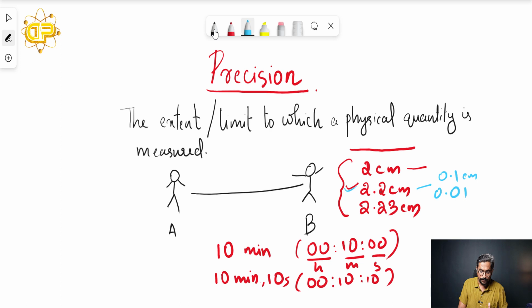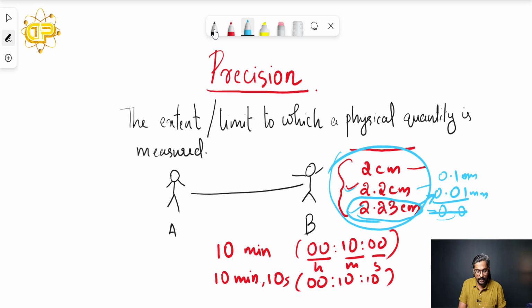The third one is 2.23 centimeters, so it has a precision of 0.01 millimeter. That means I am just increasing the extent or limit of my measurement of this particular length. Then I can say the third one is the most precise, or the precision of the third length is more than the second and the first. So this is about precision.